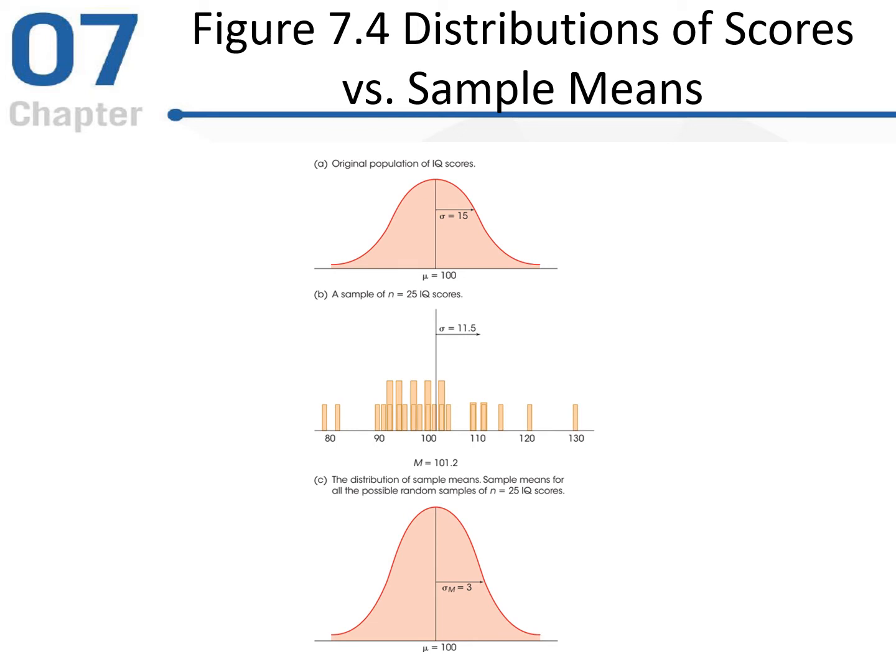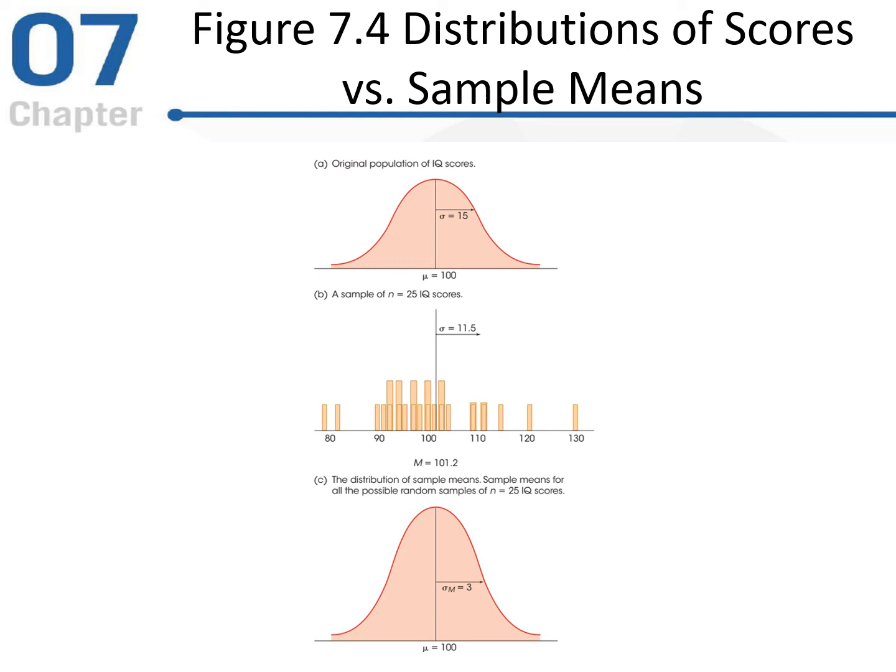Now, if I were to calculate the sampling distribution of means, so if I were to take every possible sample of size 25 and I were to compute the mean of every possible sample of size 25, and I plotted those means, you would get what you see in part C here. And as you can see, that's a normal distribution. Well, it's guaranteed to be normal because the original population is normal.